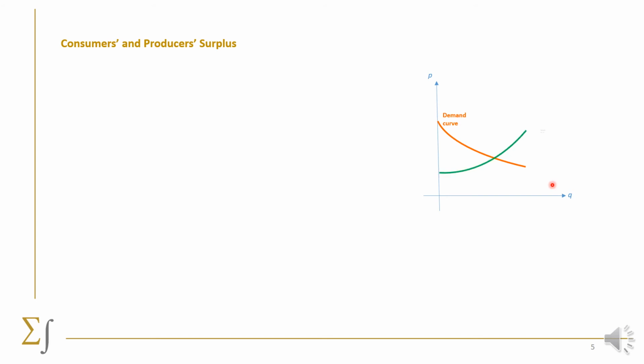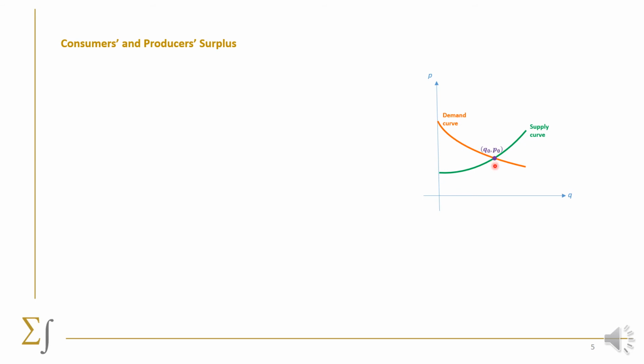This one is the supply curve. This curve indicates the price per unit at which the manufacturer will sell or supply Q units. These two curves intersect at a point of equilibrium. At this point, when the supply is equal to the demand, we have market equilibrium.